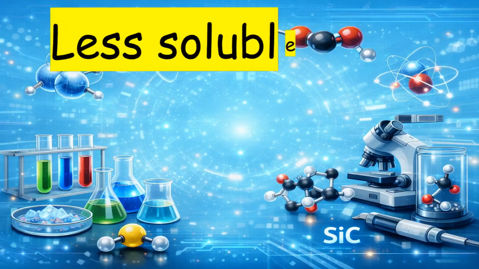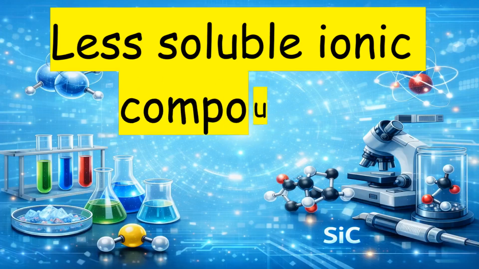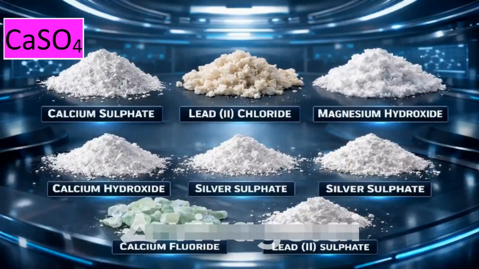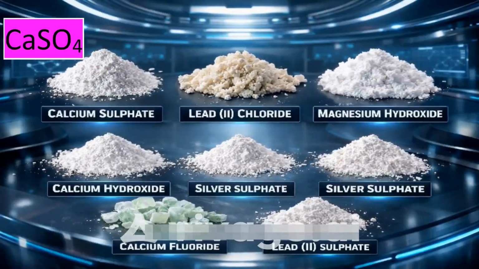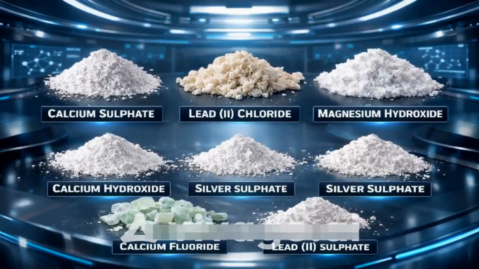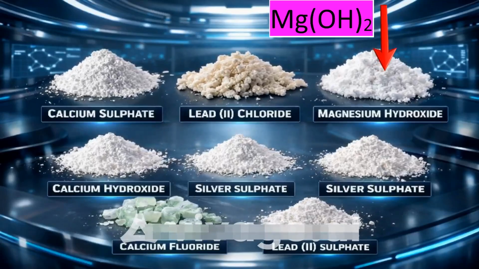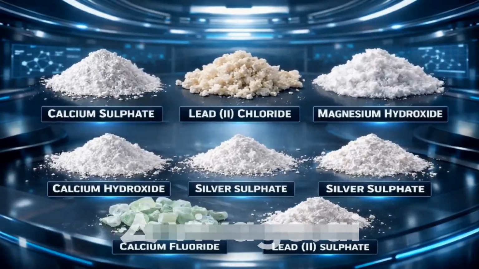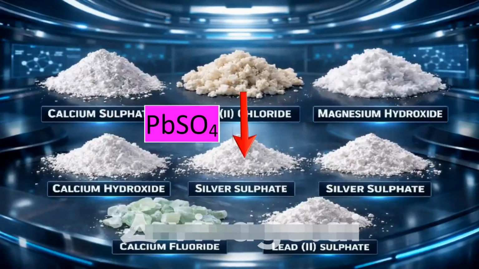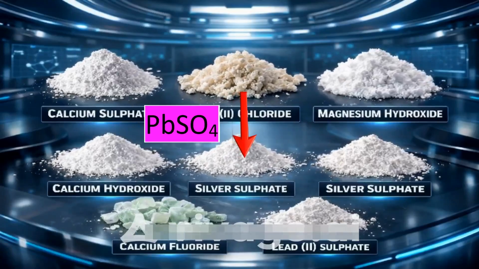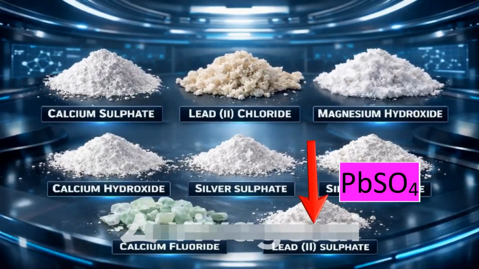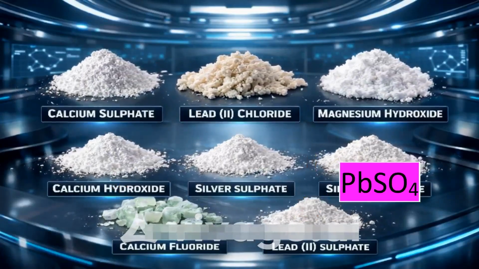However, not all ionic compounds are equally soluble. Some are less soluble. Examples are calcium sulfate, CaSO4, lead-2 chloride, PbCl2, magnesium hydroxide, Mg(OH)2, calcium hydroxide, Ca(OH)2, silver sulfate, Ag2SO4, calcium fluoride, CaF2, lead-2 sulfate, PbSO4.